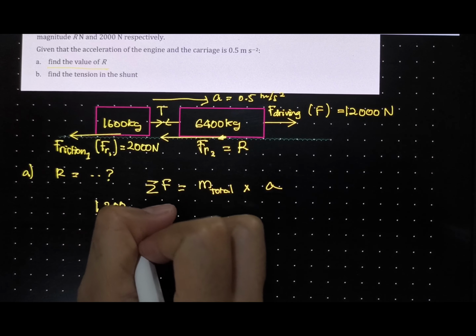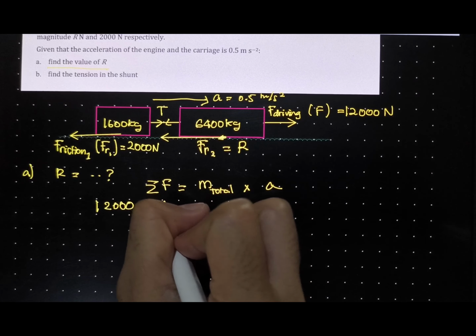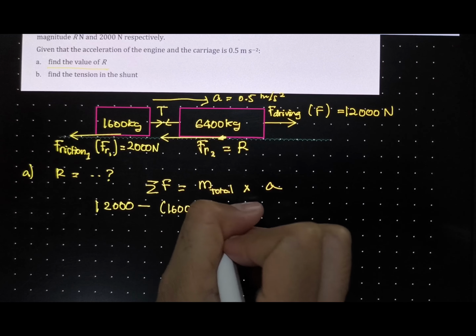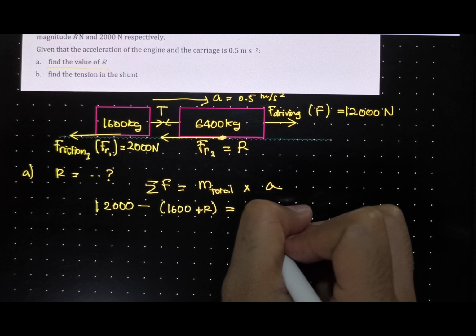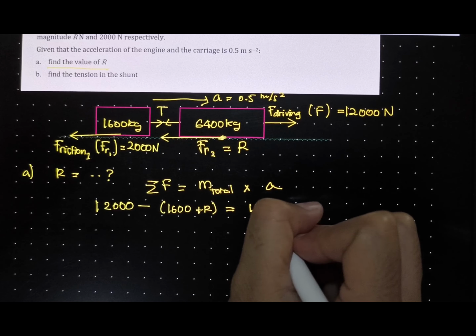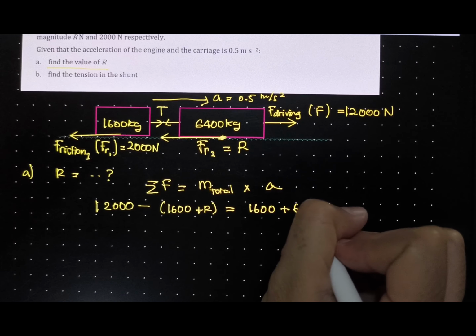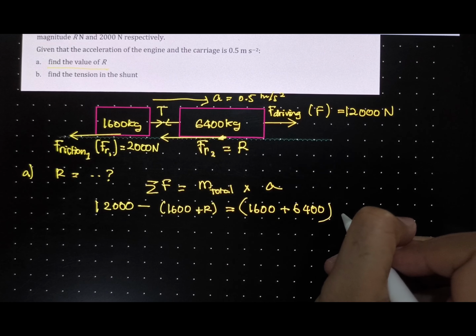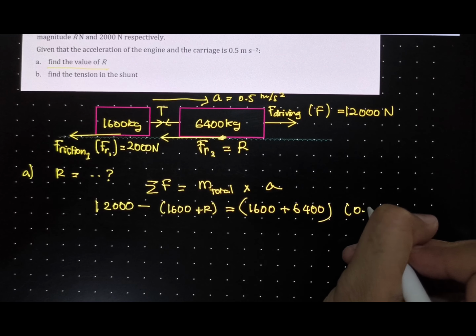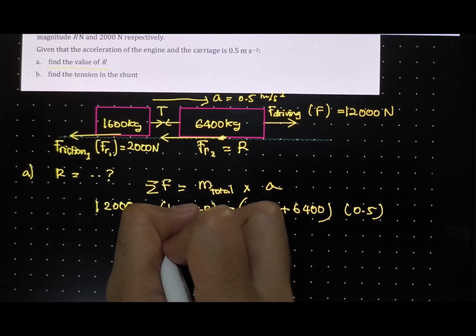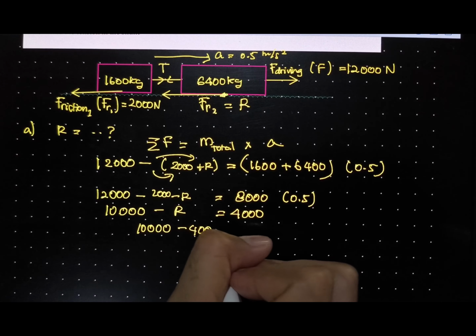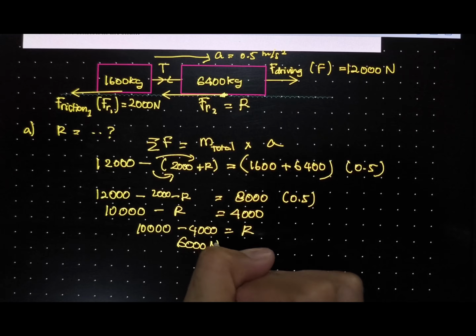So the sum of forces becomes 12,000 minus in bracket 2,000 plus R. The total mass we should use is the mass of the train plus the mass of the carriage because the driving force makes the carriage and the train accelerate in the same direction with the same acceleration, which is 0.5 meter per second squared. Let's solve this mathematically, then we can find the value of R, which is 6,000 Newton.